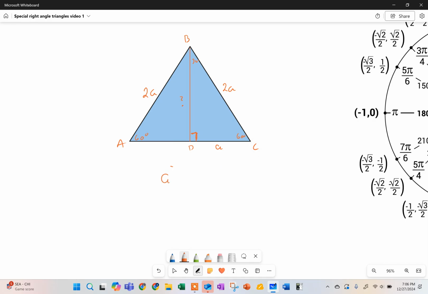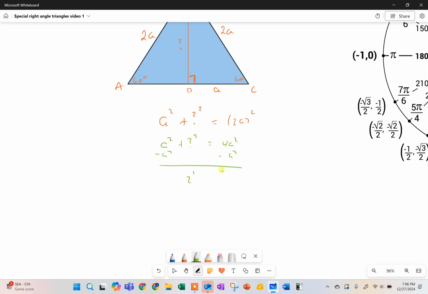And the way I'm going to do that is I'm going to say a squared plus that unknown side squared is equal to (2a) squared because of the Pythagorean theorem. Now this becomes a squared plus my unknown side squared equals 4a squared. I'm going to subtract a squared, and I get my unknown side squared is equal to 3a squared.